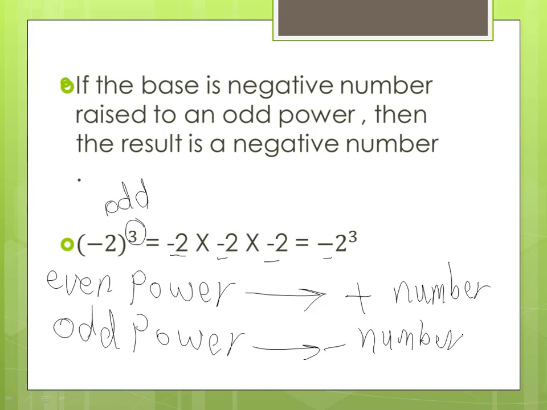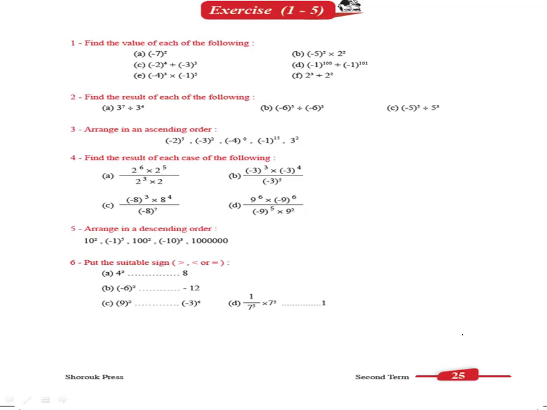So if we have even power, we get a positive number. If we have odd power, we get a negative number. So I want you to solve the school book exercise, page 25. It talks about powers. I will solve with you just one of these problems and you will complete the others alone. So let's solve number B here.